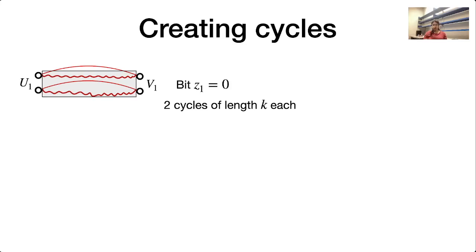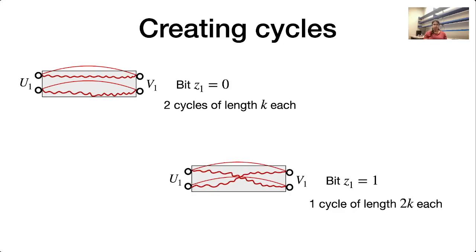What we're going to do is add edges between the first vertex of U1 and the first vertex of V1 and the second vertex of U1 and the second vertex of V1. Once you add these edges, the net effect is going to be that if this bit was 0, we're going to be creating two different cycles of length k, and if this bit was 1, since the path connections are crossed out, we're going to be creating one cycle of length 2k.